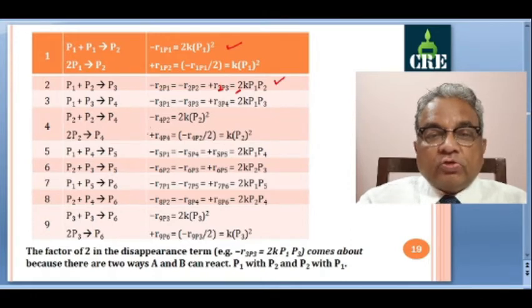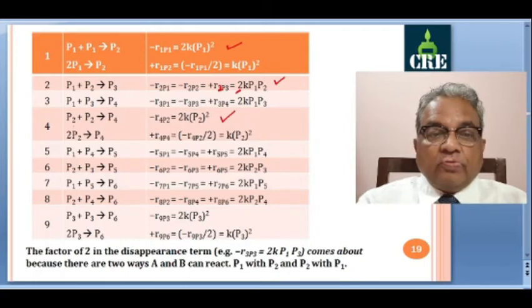So rate of formation of P4 is half the rate of disappearance of P2. Same logic as we have used in the reaction 1. So rate of formation of P4 is K into P2 square. So rate of disappearance of P2 will be twice rate of formation of P4. Okay. So this 2 term is here also.